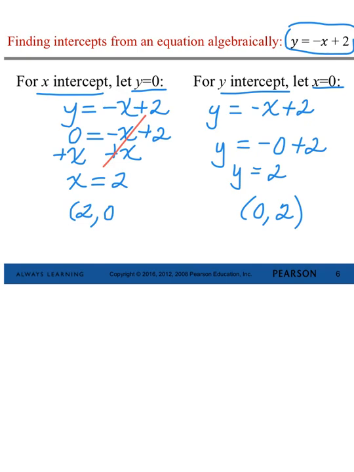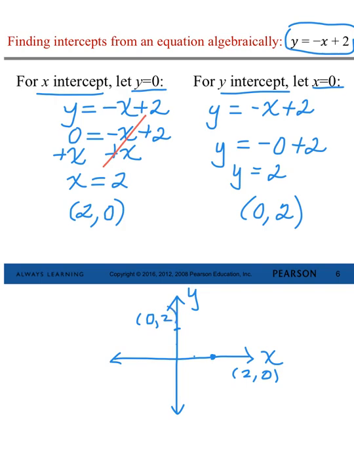And if we wanted to graph that equation, then we could do that quite simply by setting up our x and y axis. And the point 2, 0, we would count right 1, 2. And then our y-intercept is going to be at 0, 2, so there's 1, 2, 0, 2.